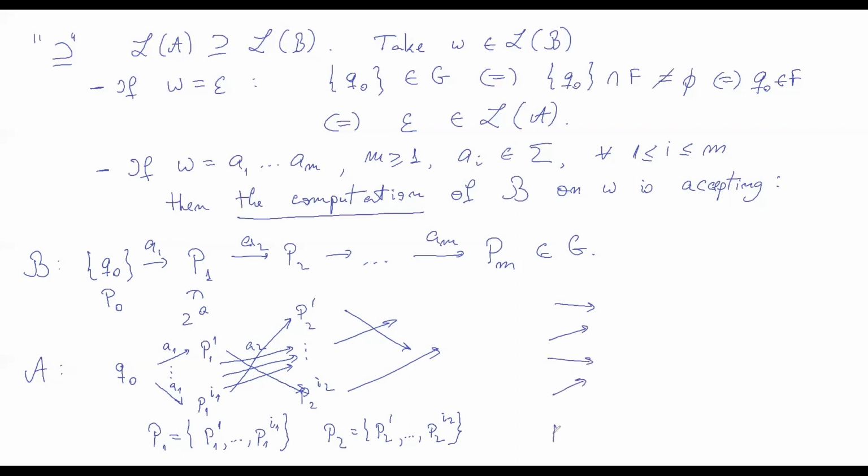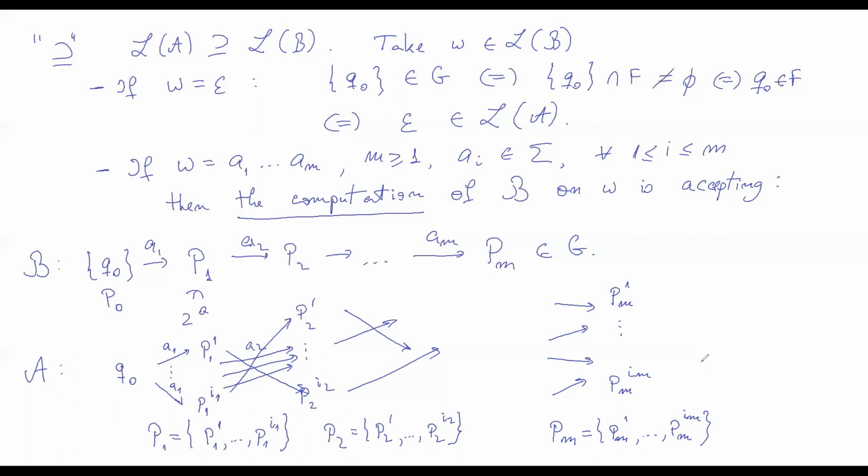So if Pm is Pm,1 through Pm,Im, the fact that I have this transition from the previous state to this one means that I'm reaching in automaton A all of these states from one of the previous ones. So all of these are reached.